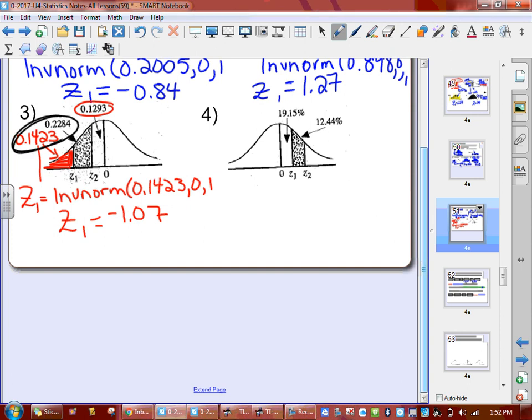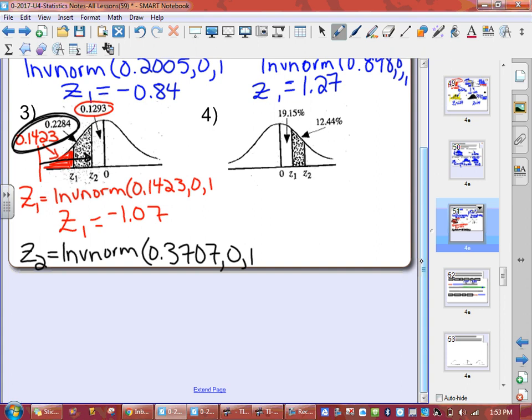That's what I get when I add those two numbers together, comma 0, comma 1. And then you're going to have Z2 is equal to negative 0.33. And again, they're both negative Z-score numbers because they're left of 0. And we want numbers between negative 5 and positive 5.